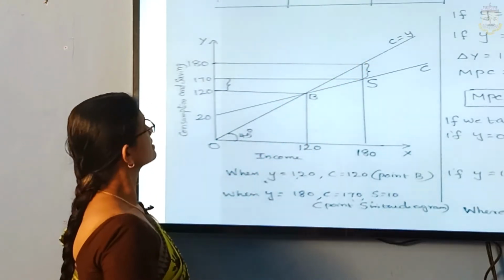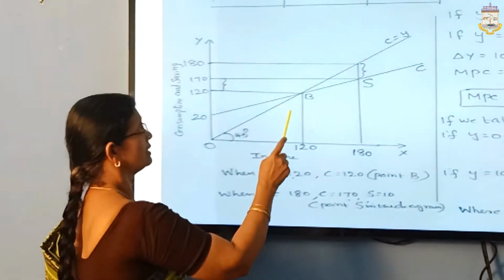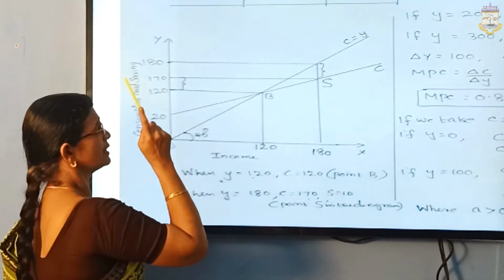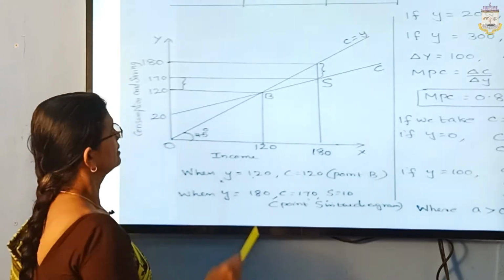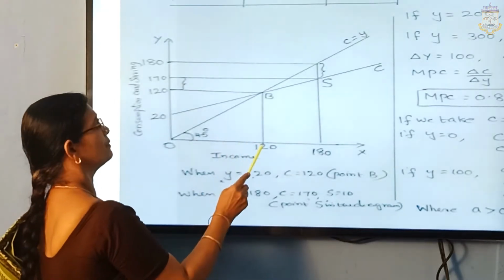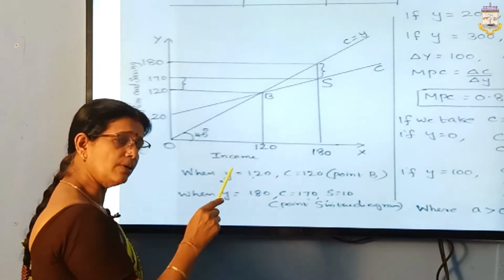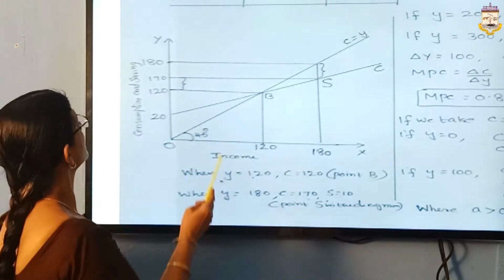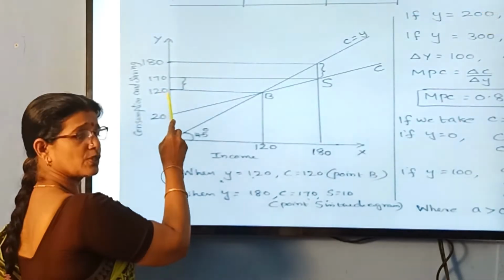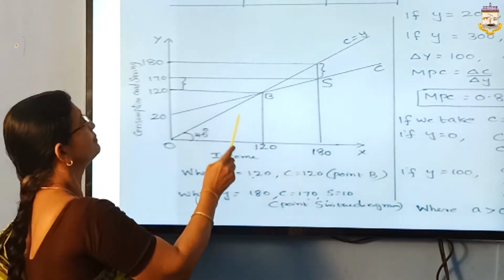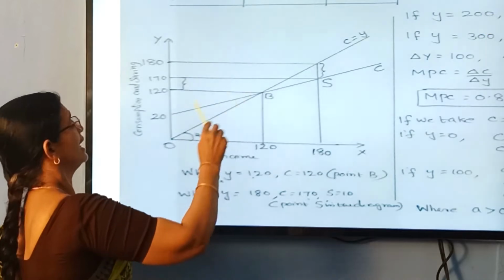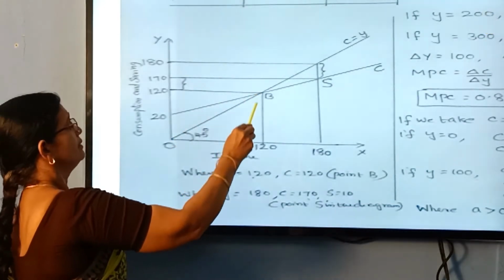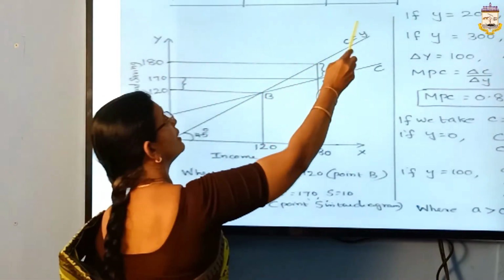In economics, as per this consumption function, this 45-degree line represents income-consumption equality. When income is 120 crores, if all of it is spent on consumption, that is, consumption is also 120, we can derive a line through the origin.